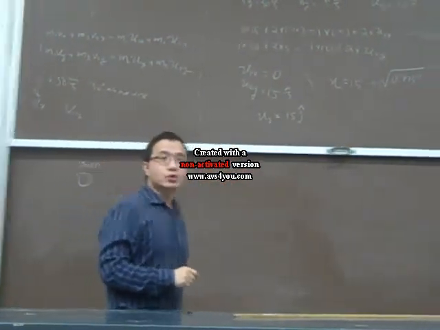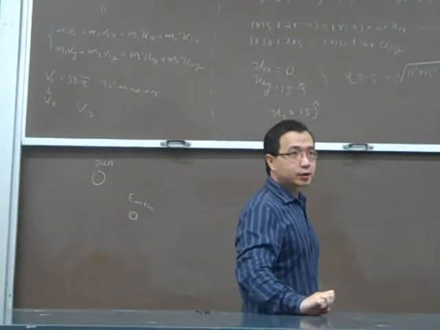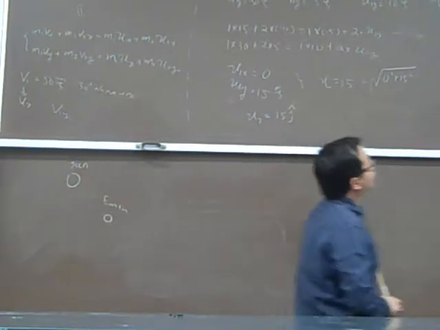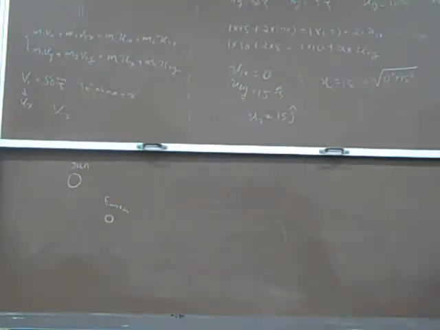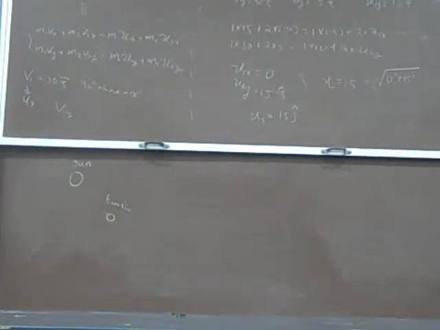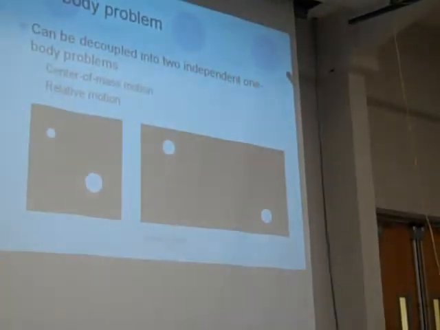But in fact, the two-body problem is always solvable. You can decouple the two-body problem into two motions. One is the motion of the center of mass. In this case, you probably cannot see it here, but we actually have a center of mass here.